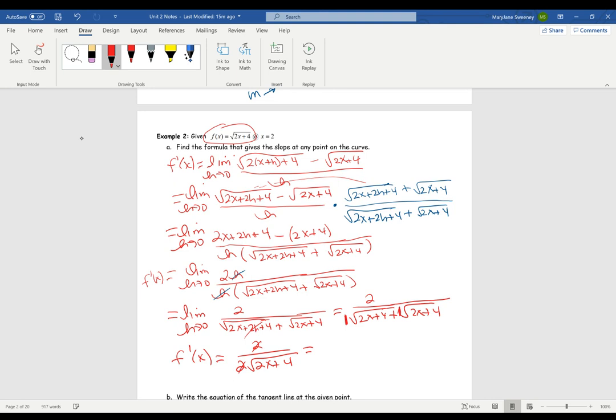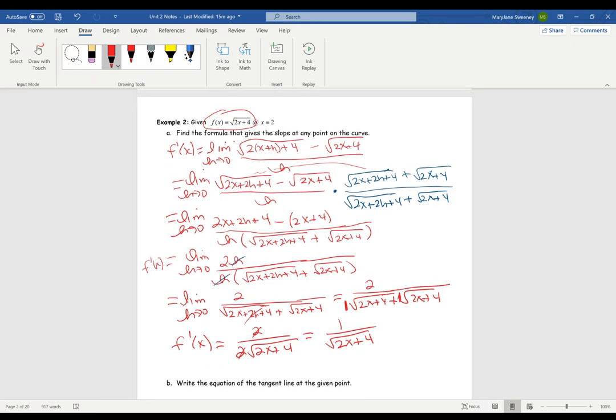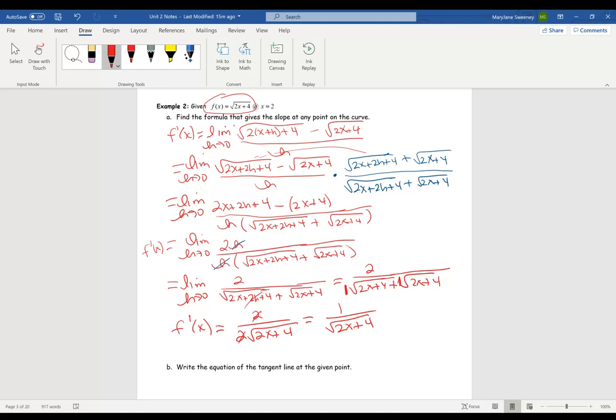So now if I cancel the 2's, that is my derivative. Notice I'm only dropping off limit as h approaches 0 when I'm plugging in h is 0.